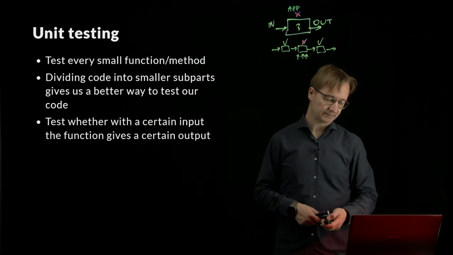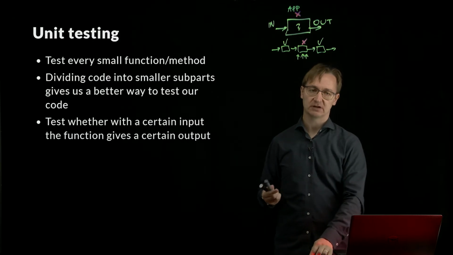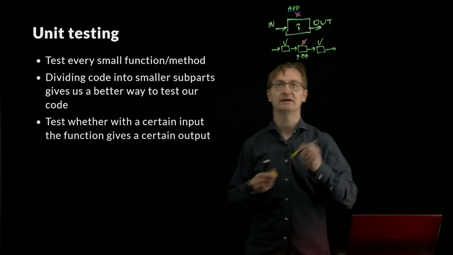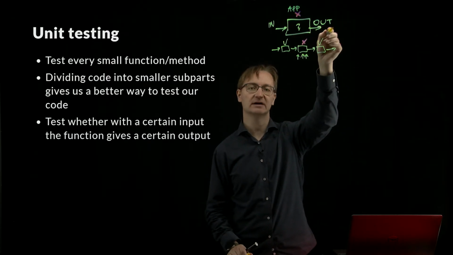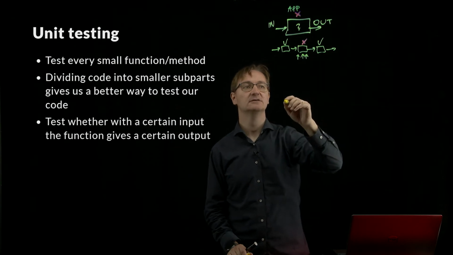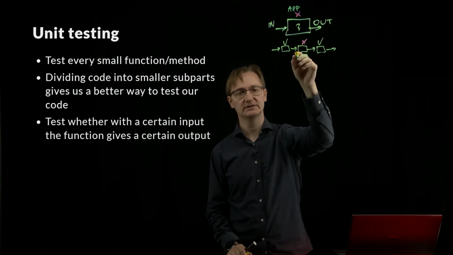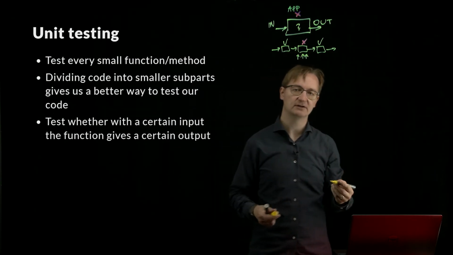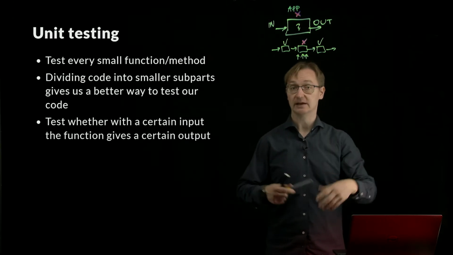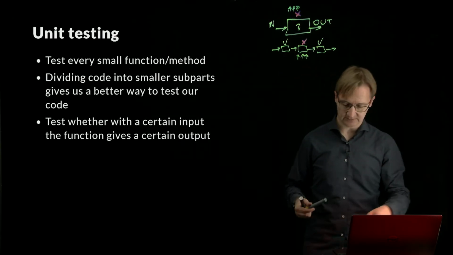So basically what unit testing does is that we give something in and we say that we expect this kind of value. If I call this with the number 7, I want to see that the result is 8, for example, if it adds one to a number.